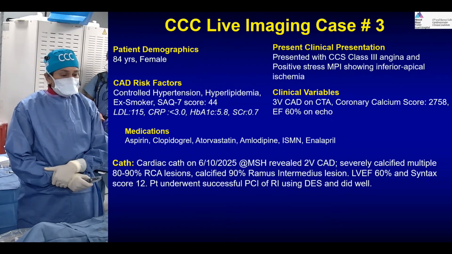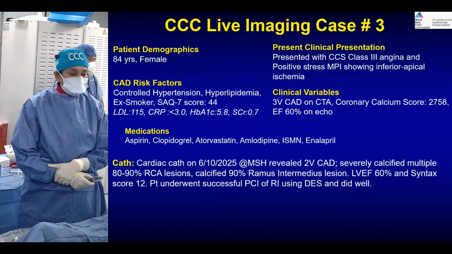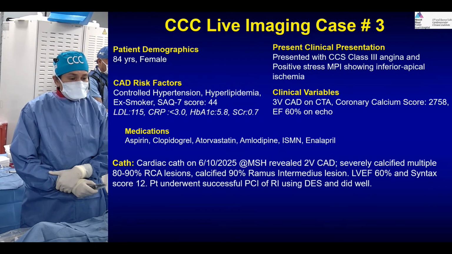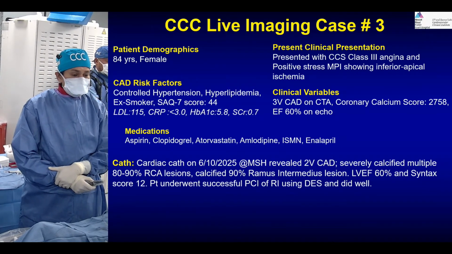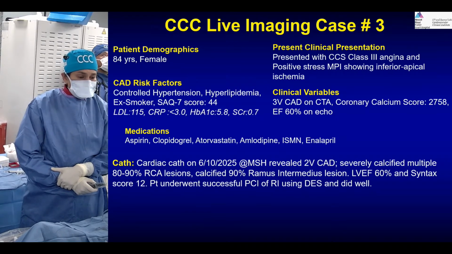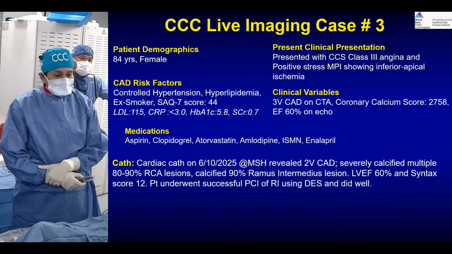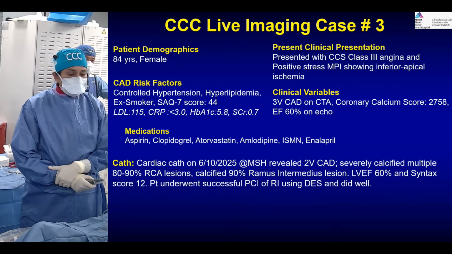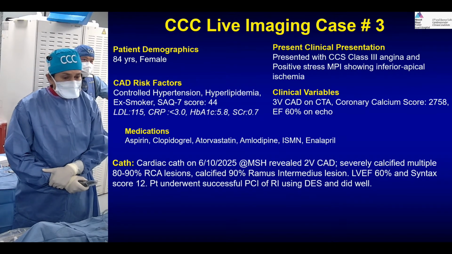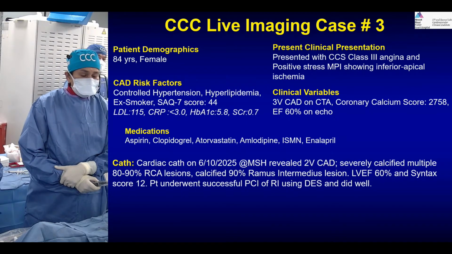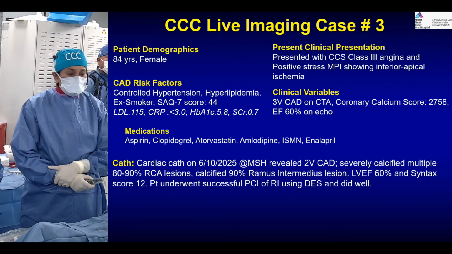Her SAQ score was 44, which goes with her symptoms. Labs show CRP less than 3, hemoglobin A1C just about 5.8, and good creatinine. She had a CTA, which showed a calcium score of over 2700 and 3-vessel CAD, with an echo showing good EF.